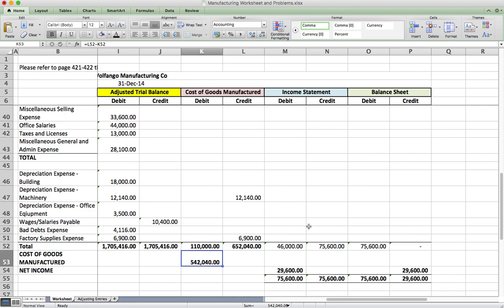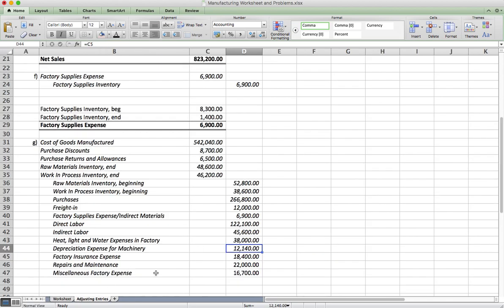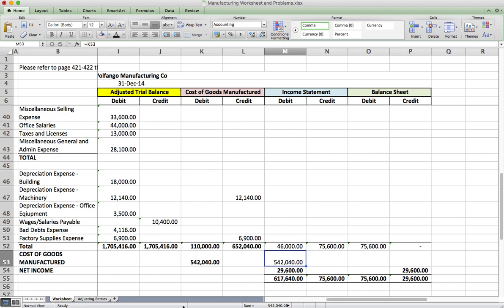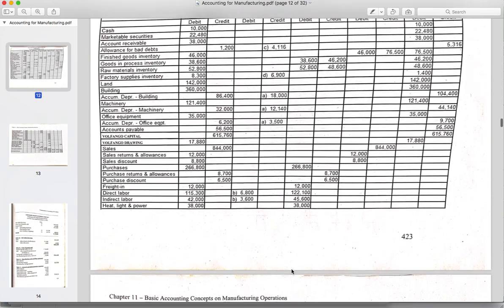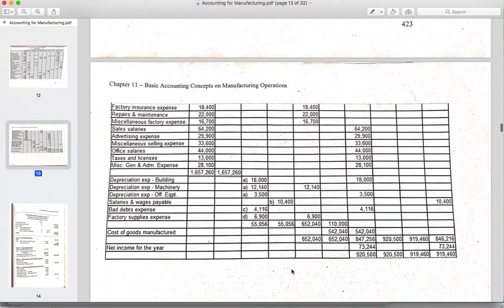I-extend natin ngayon yan sa saan? Sa income statement. Extend natin siya. Okay?